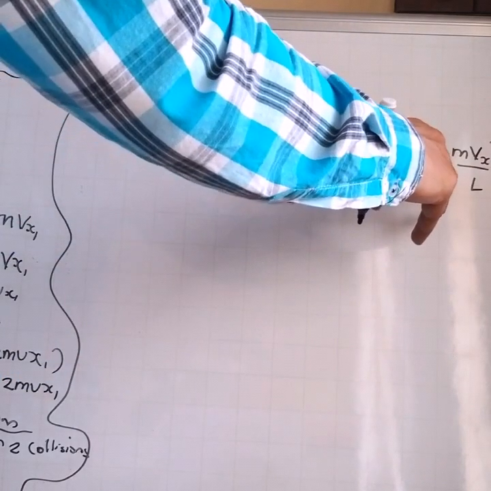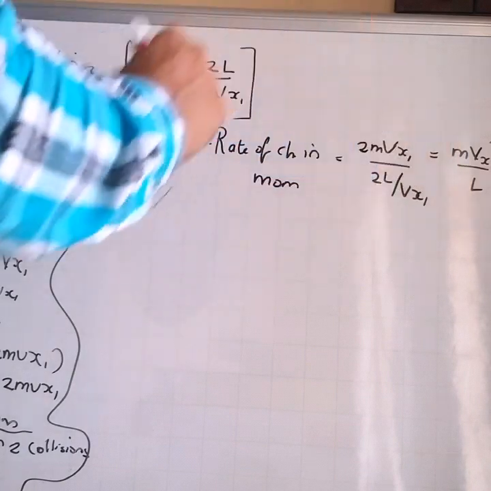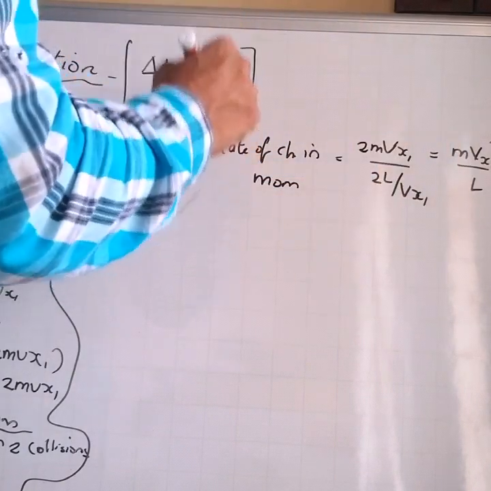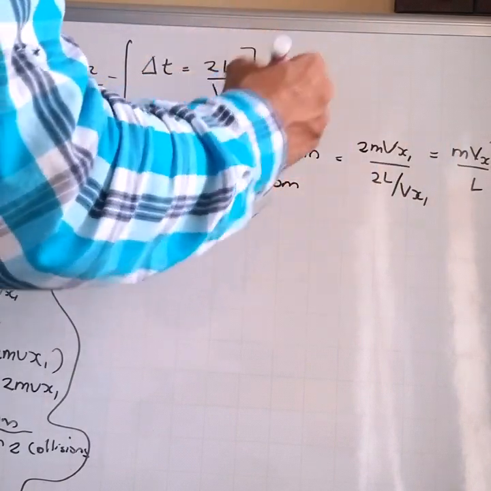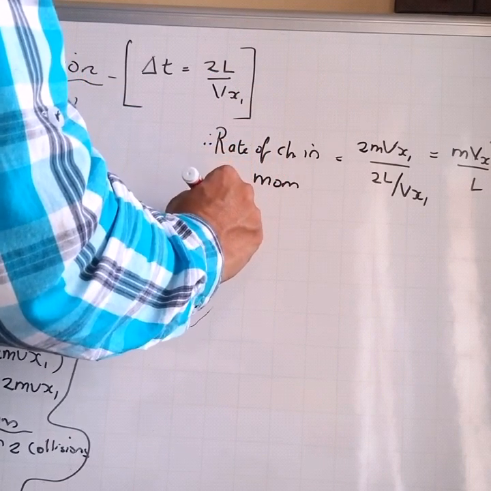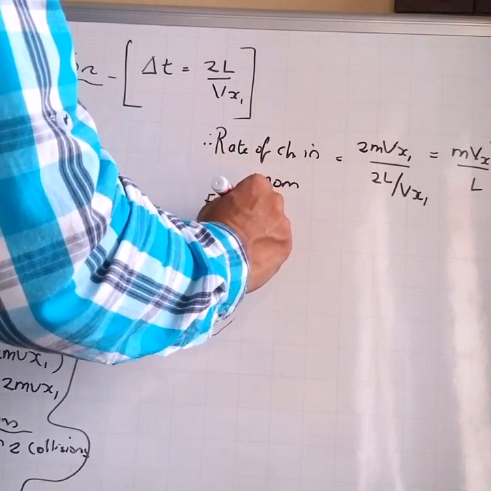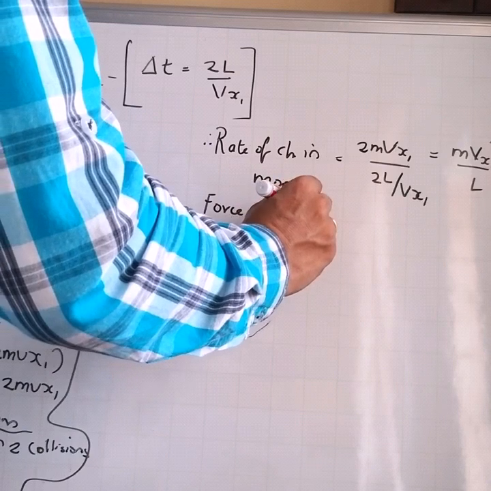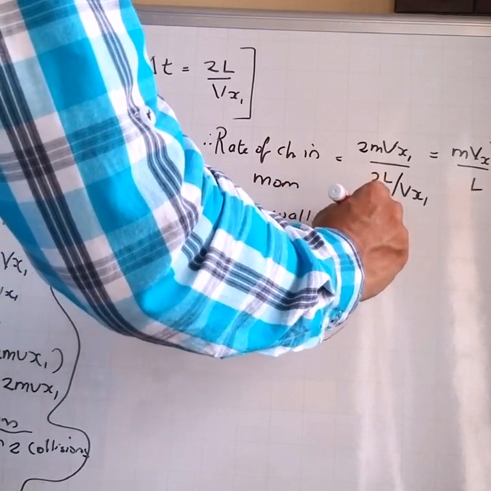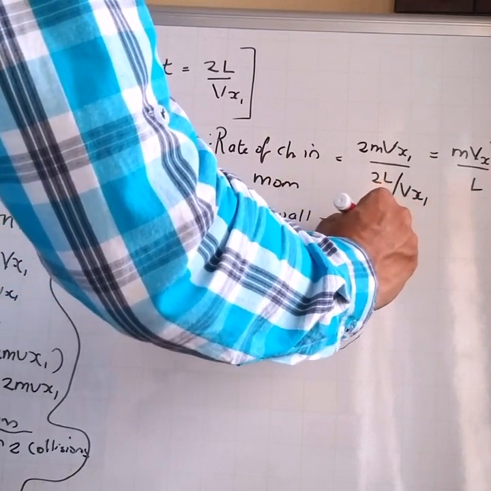This is the rate of change of momentum. According to Newton's second law, rate of change of momentum is nothing but the force. Therefore, force exerted on the wall will be mvx1 square upon L.